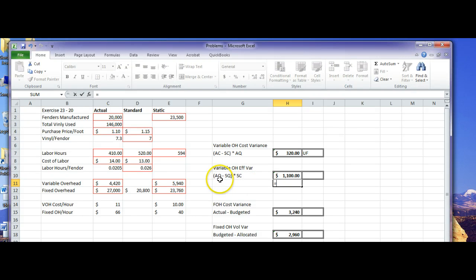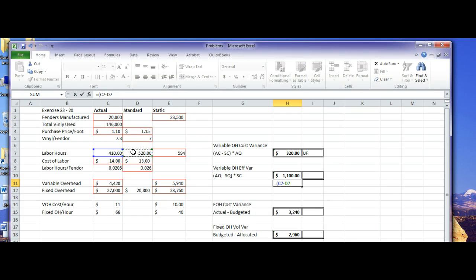Actual quantity of labor hours. So what we're looking for is efficiency. So we're looking for use. Since we're allocating based on labor hours, we're going to do total labor hours. So actual quantity minus standard cost. Which one do we use? I don't remember.